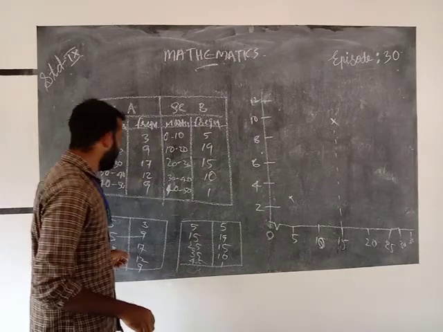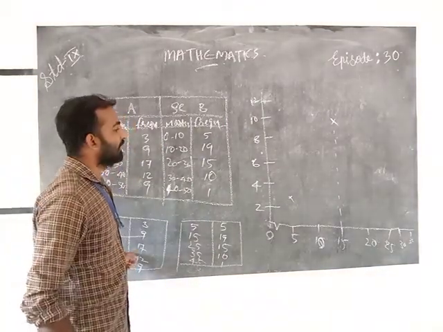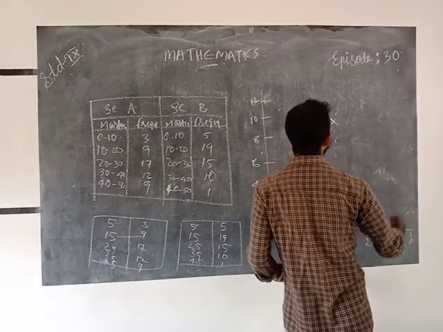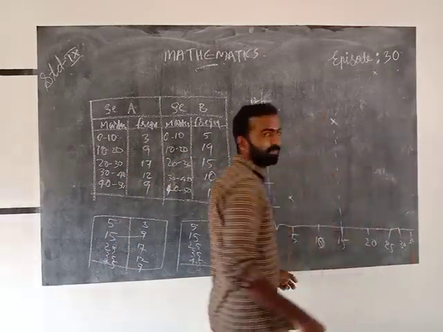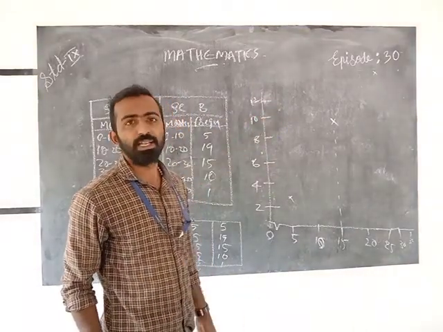And next, mark 25. The frequency is 17. That is here is 25 and we get the point here, the midpoint of 16 and 18, that is 17.